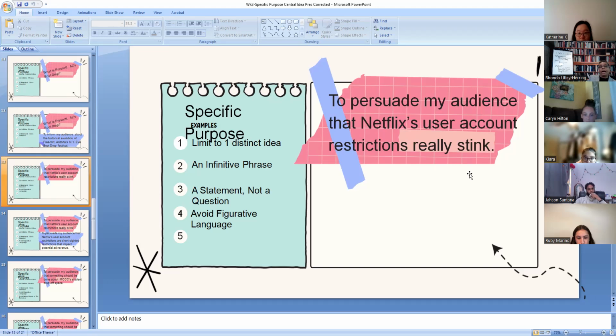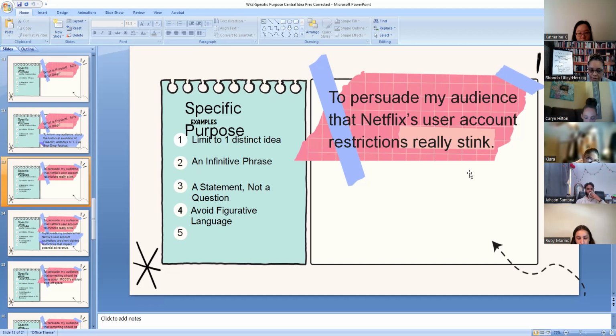Okay, to persuade my audience that Netflix user account restrictions really stink. Okay, so literally stink has to do with smell, right? It's figurative. You can't use figurative or slang language in your specific purpose, nor in your central idea.